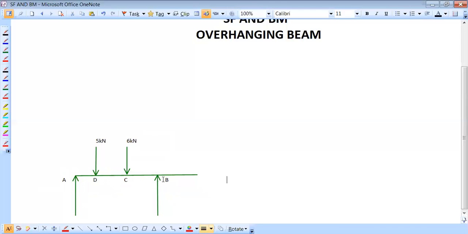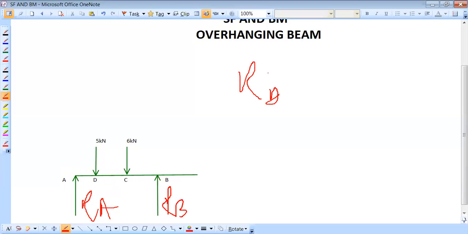Then how can I solve the SFD and BMD? First of all, find the reactions at A and B, that means RA and RB. Here we can write RA plus RB is equal to 5 plus 6, that means 11.